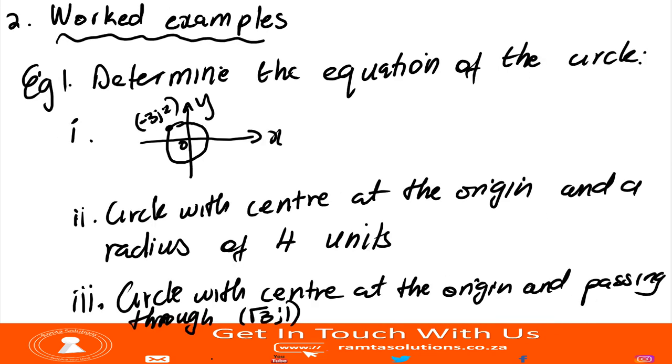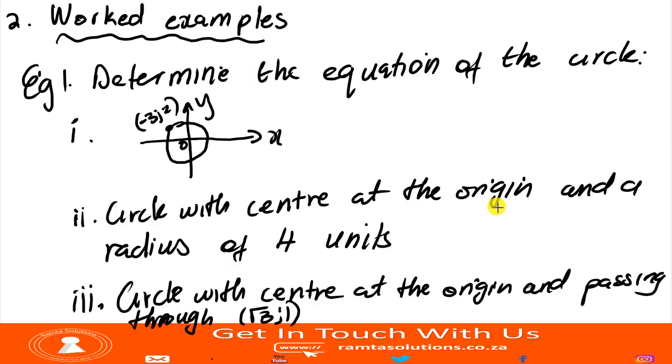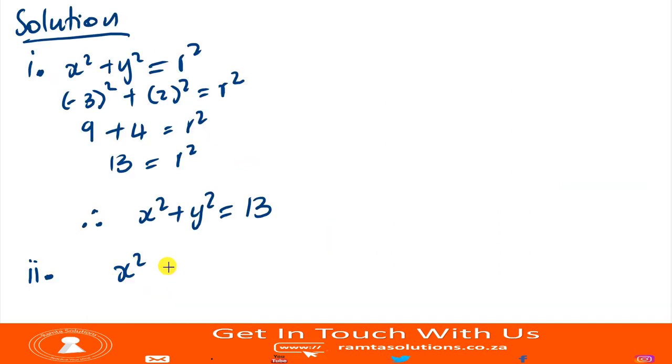Okay, so this is our equation. Now Roman figure 2, they're saying circle with center at the origin and a radius of 4 units. We know this is x squared plus y squared equals r squared.